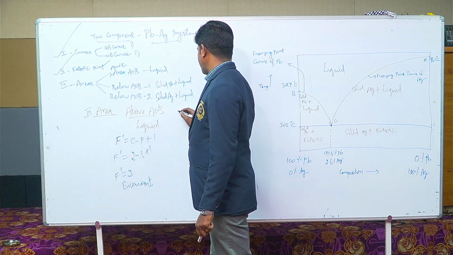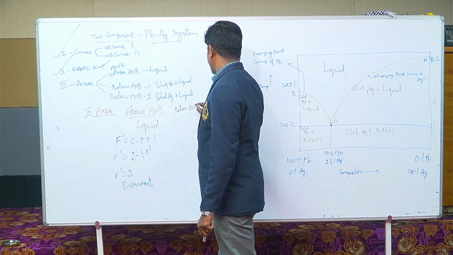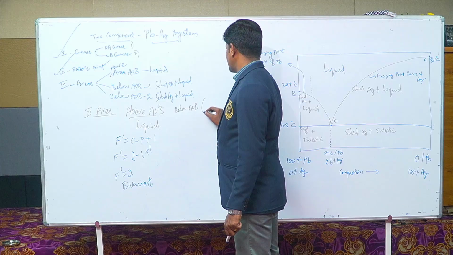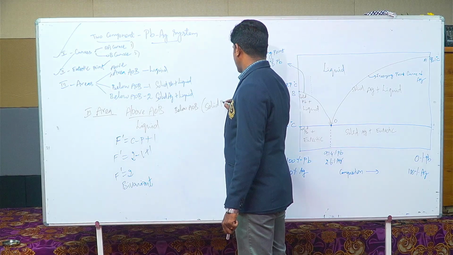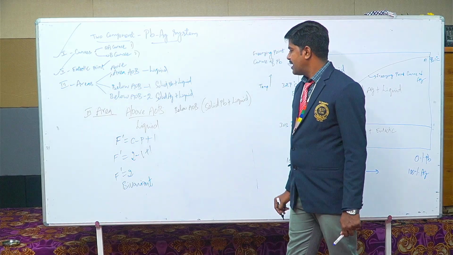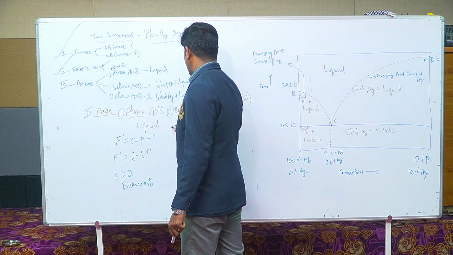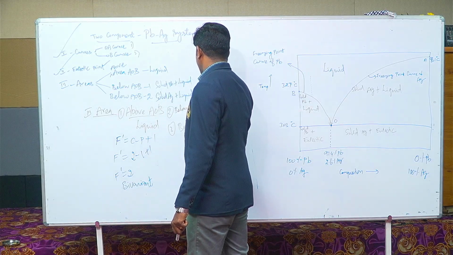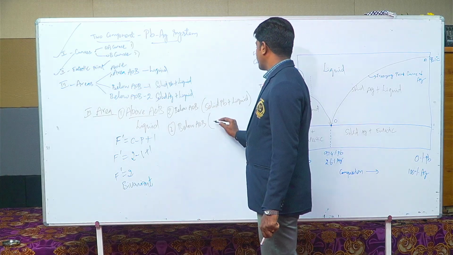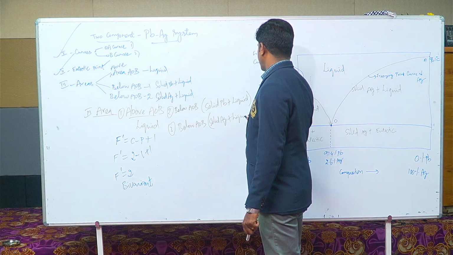Now we have two more areas. The first one is below AOB, the area which contains solid lead plus liquid. This is area number 1, this is area number 2, and area number 3 is below AOB, which contains solid silver with the liquid.